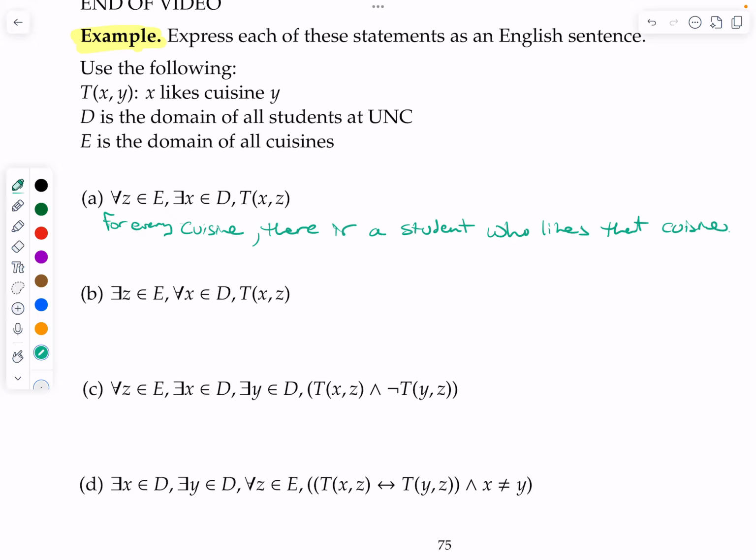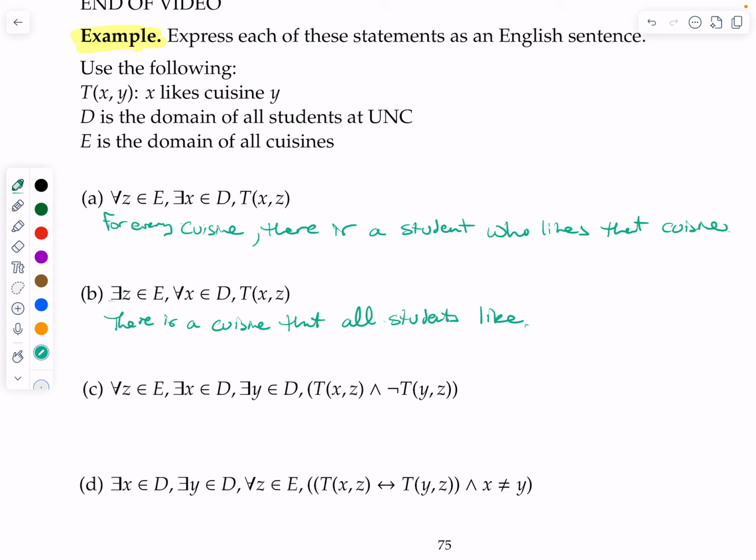It probably could be written a little bit more concisely than that, but that'll do it. Okay, for this next one, there is a cuisine that all students like. Okay, that's a little bit more concise, but it's not quite word for word.